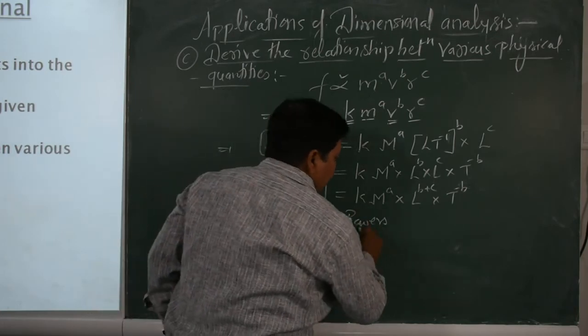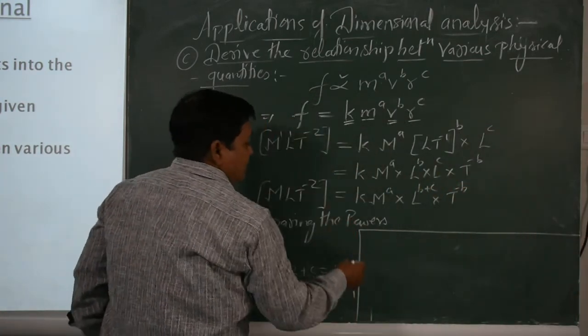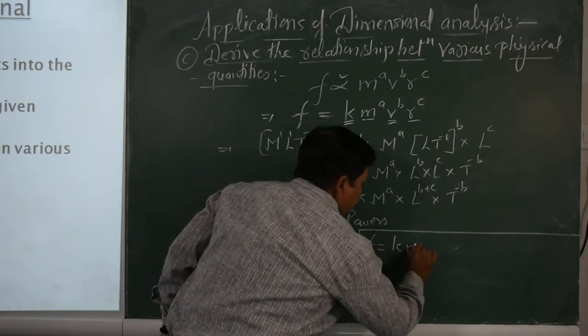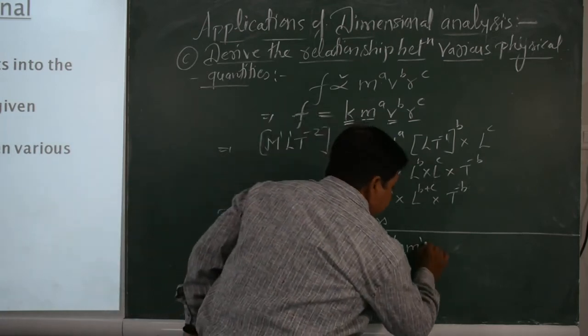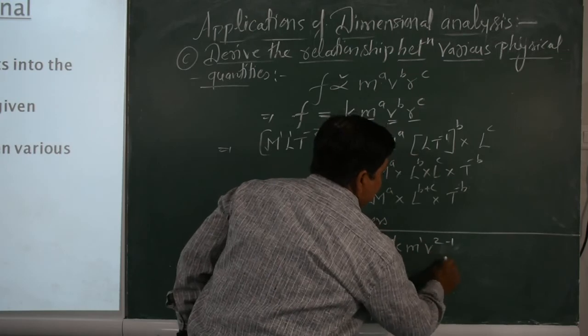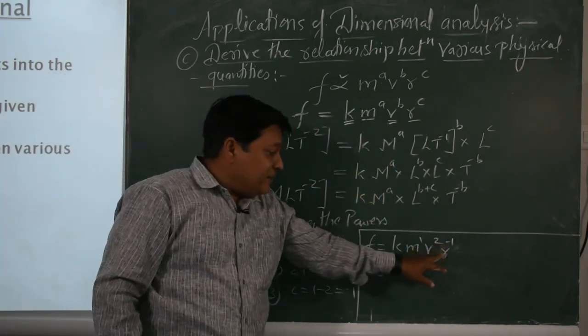F is equal to k into m to the power a is 1, v to the power b is 2 and r to the power minus 1. Okay. Minus 1 means it will go down.